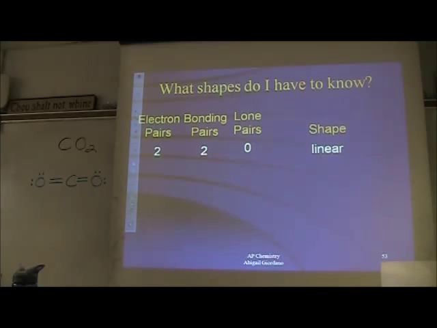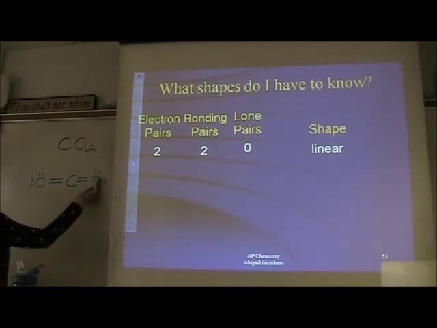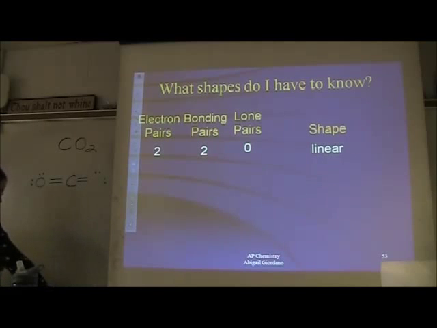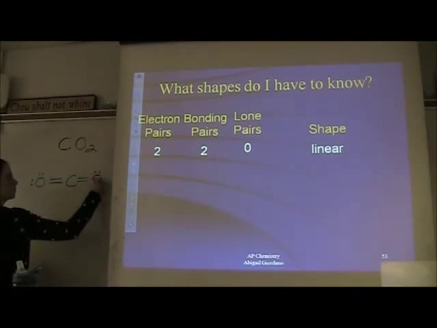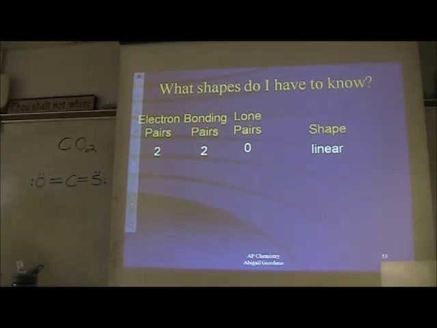Now, just to be clear, what if I did this? What if I made this change? Okay, it's still linear, but because those terminal atoms are not the same element, and thus because they have different electronegativities, it would now be a polar molecule.